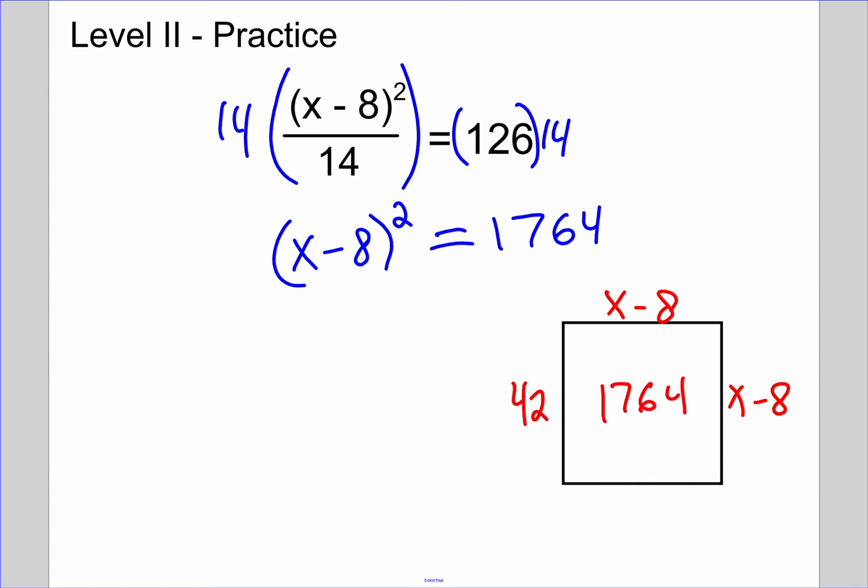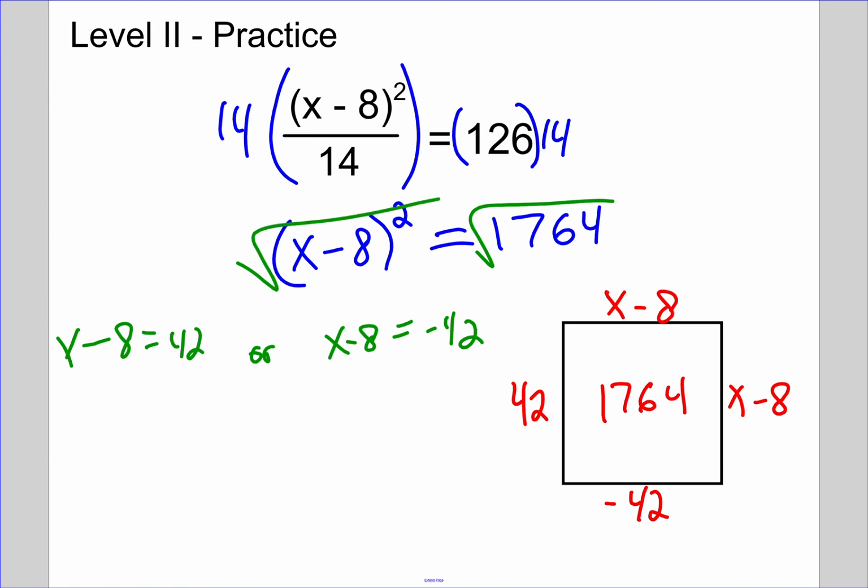So a square with area 1,764 has side lengths 42 or negative 42, and that leads us to the two equations: x minus 8 equals 42, or x minus 8 equals negative 42. Again, the same two equations that pop up from taking the square root here. We add 8 to both sides: x equals 50, or x equals negative 34.